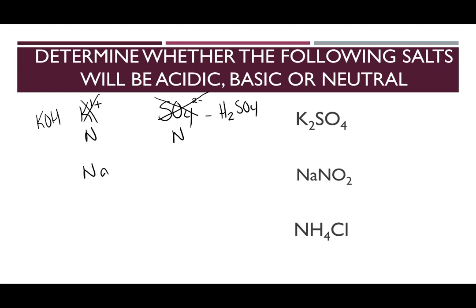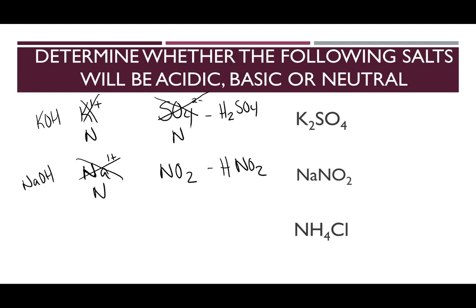Next one is sodium and nitrite, NO2. Sodium is a group 1 metal. It has a +1 charge. It is also the conjugate of a strong base. So sodium hydroxide is a strong base. So again, a +1 charged metal is not going to have an effect. That will be neutral. Nitrite would be HNO2.